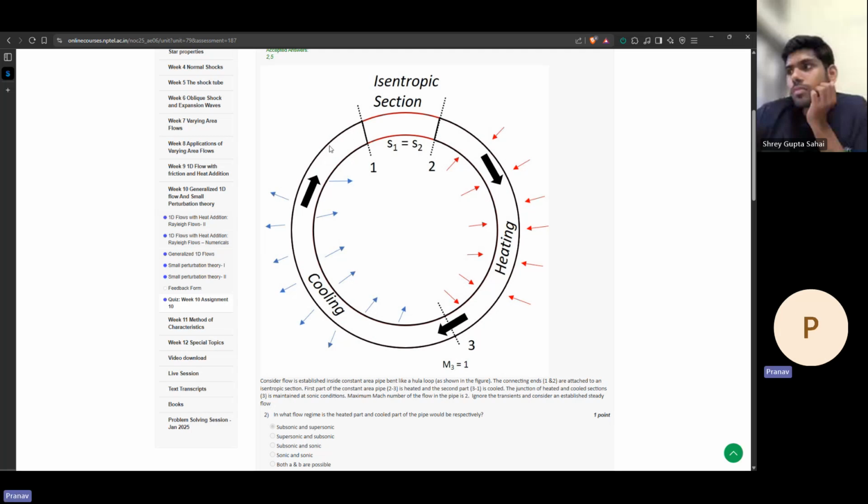But there is no way that it would accelerate to the subsonic Mach number which it started with at section two. So how can this option be possible?